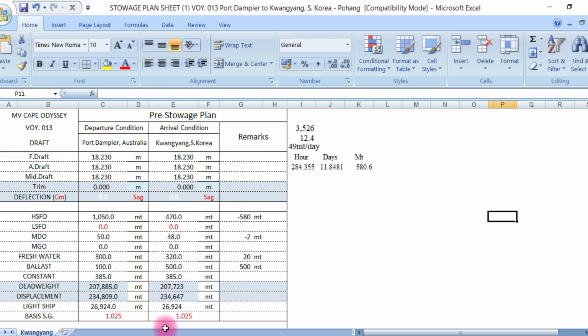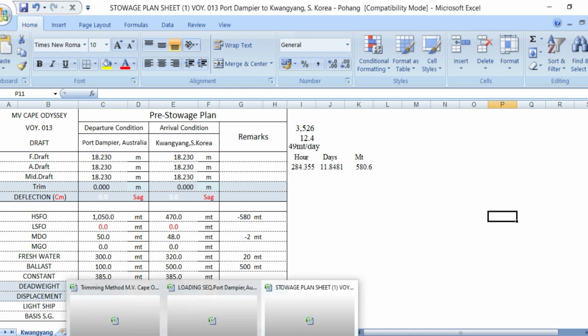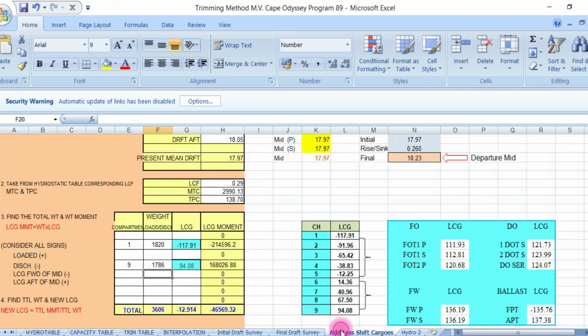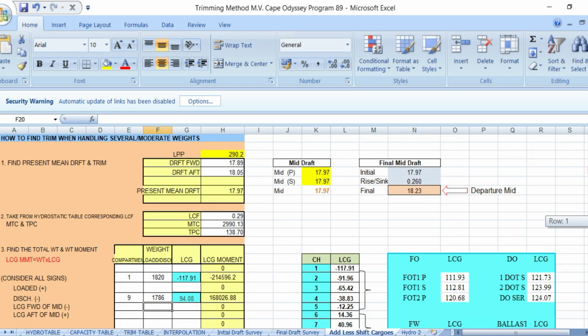Okay. We start from here. This departure is 18.23. Departure here is 18.23.